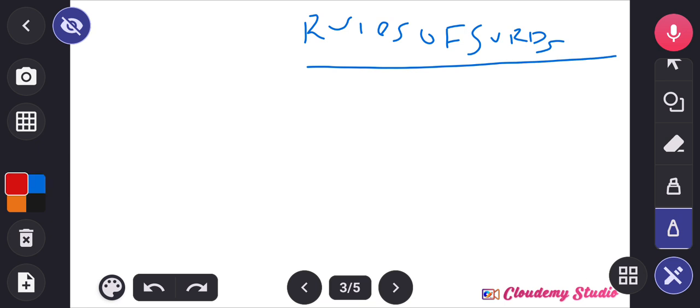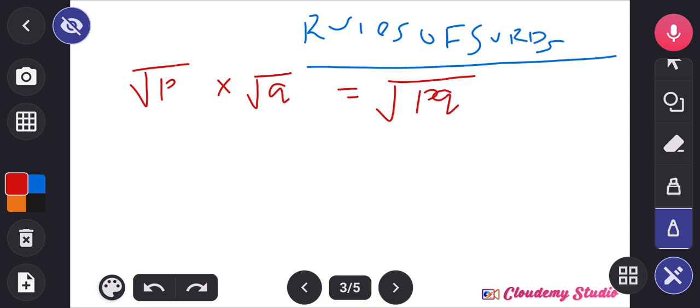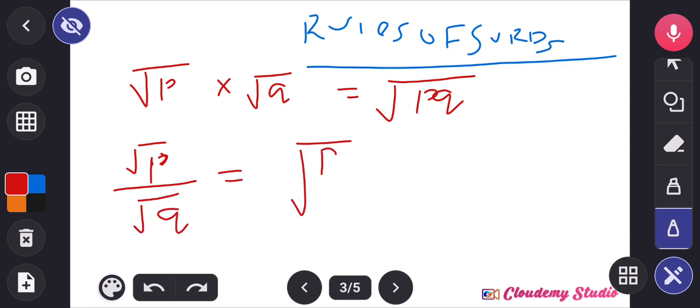Rule number one is that root p multiplied by root q equals root of pq. That's the first thing you have to note. Another one is root p divided by root q equals root of p upon q. That's the second one.